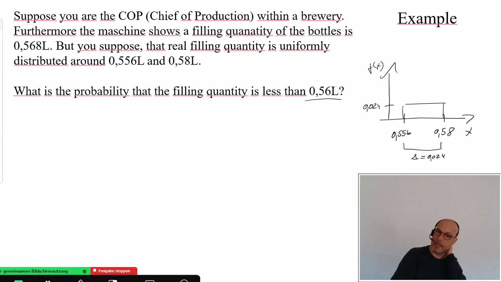Graphically, where do I find now the probability up to 0.56? No answer?